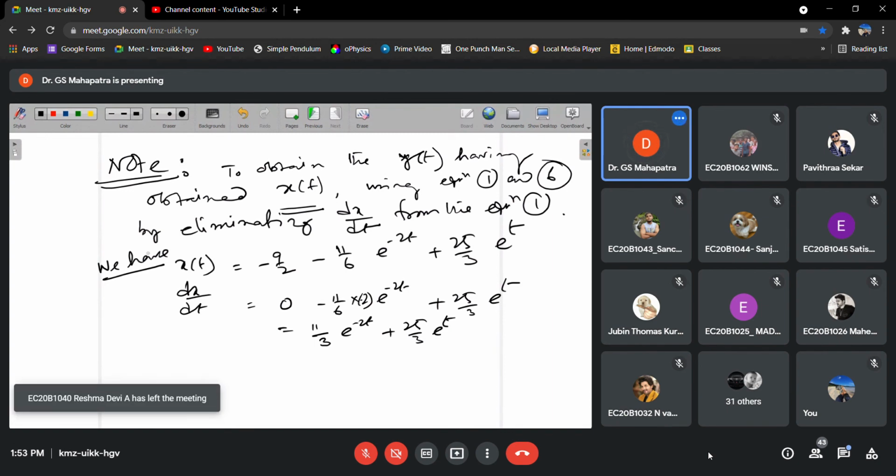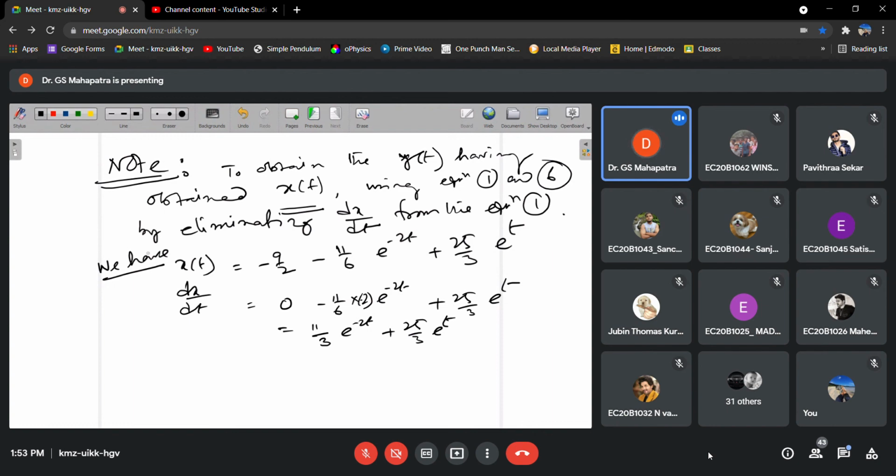Equation 1 is better, but you can put it in anywhere, either the first equation or the second equation.